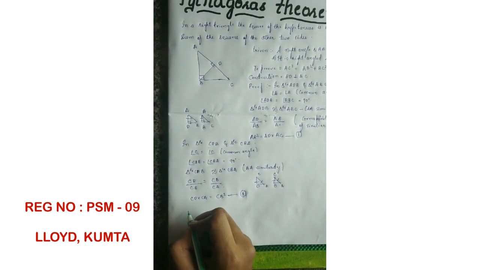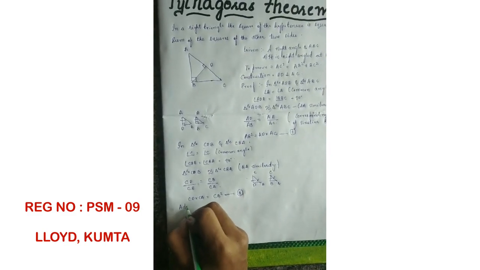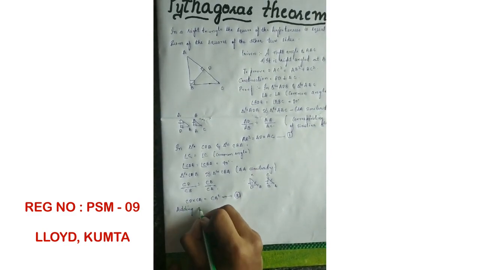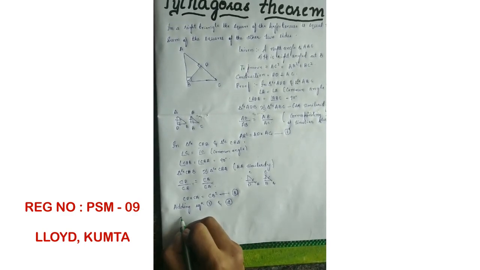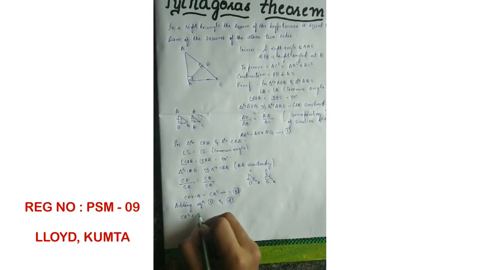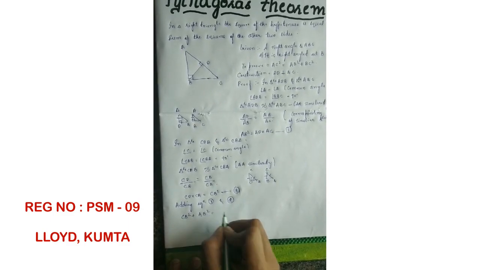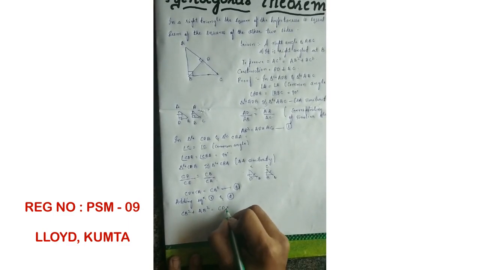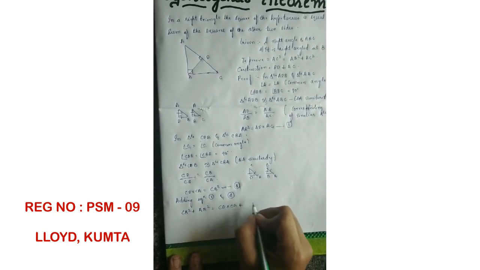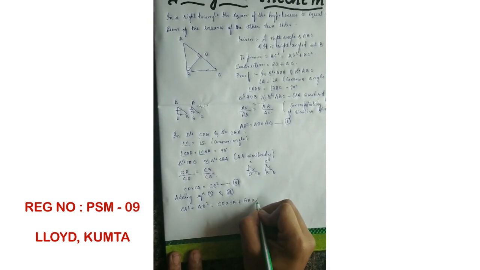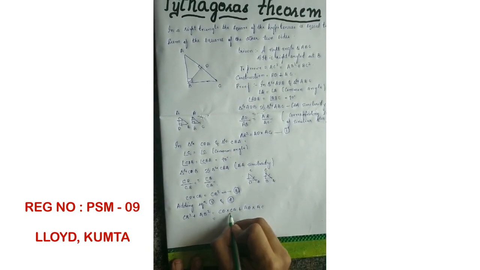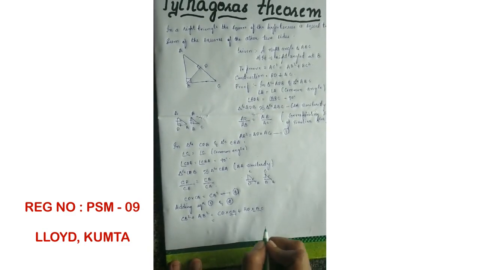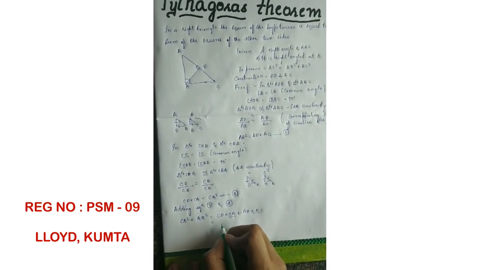So adding equation 1 and 2: CB square plus AB square equal to CD into CA plus AD into AC. We can see here AC and AC both are common, so we'll take it out.